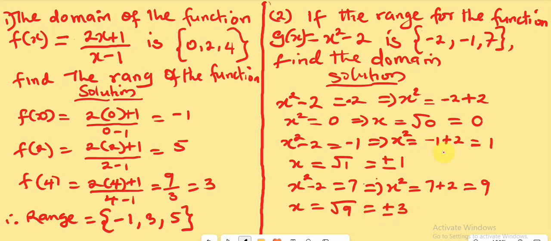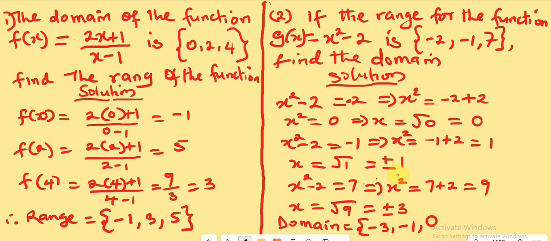So you can see I have a set of numbers now. I have minus or plus 1, minus or plus 3, and the 0. So the domain now will be equal to the set. The lowest number here is minus 3. I'm going to write minus 3, followed by minus 1, then followed by 0.